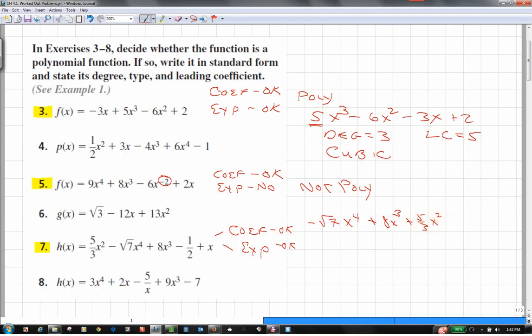An x term. Yep. There's standard form. The degree is the largest exponent. The leading coefficient is the coefficient in front of the largest exponent term, negative square root of 7, and it's a 4th power, so we call that a quartic.